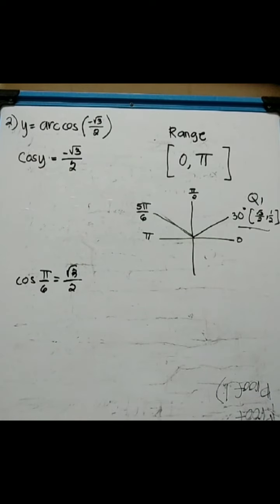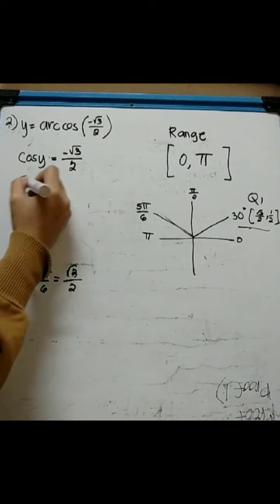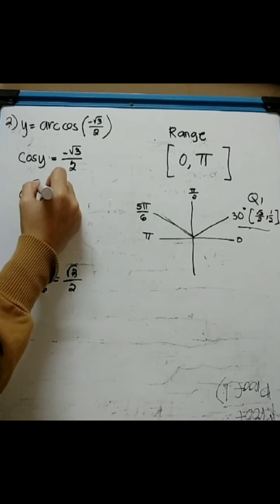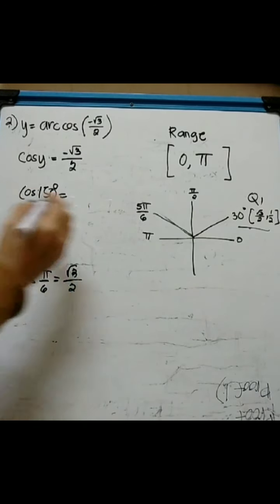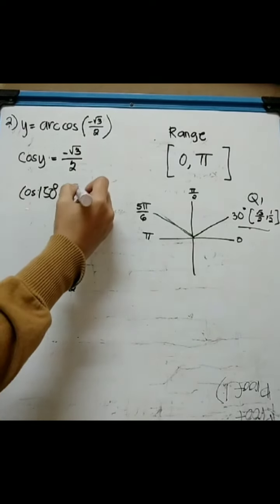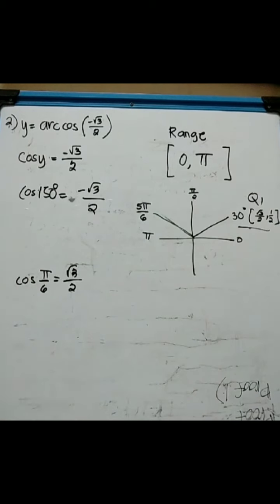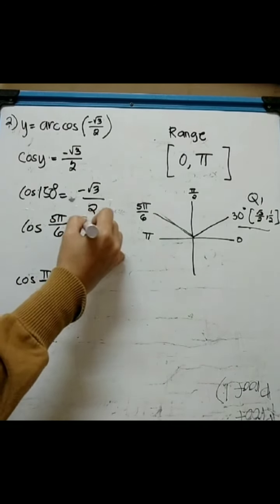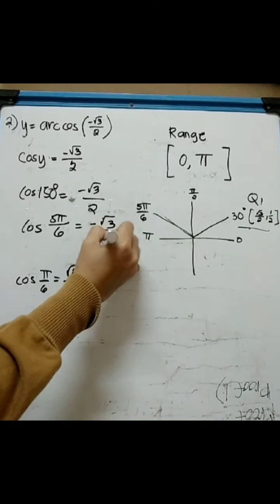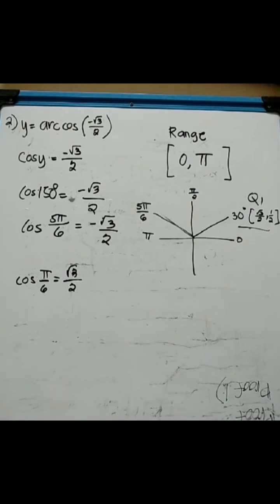So 150 degrees is the answer, which is the same as 5 pi over 6, because cosine of 5 pi over 6 equals to negative square root of 3 over 2. So that's for example number 2.